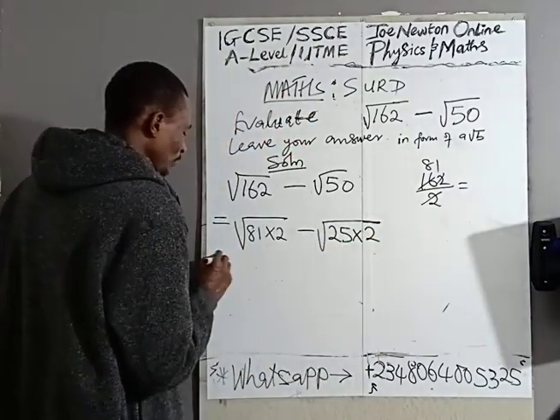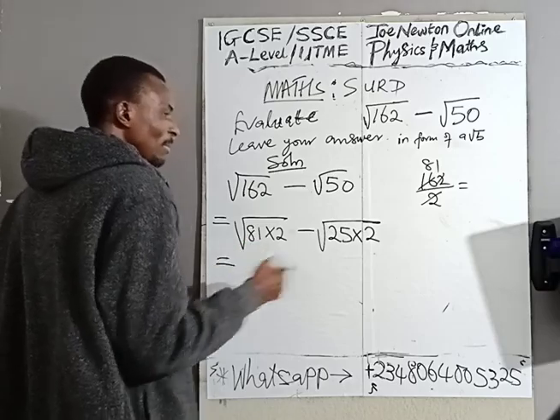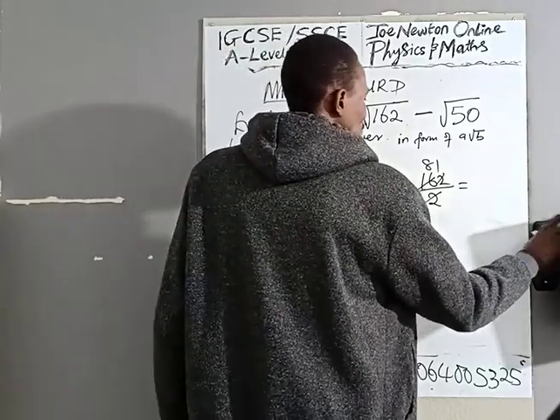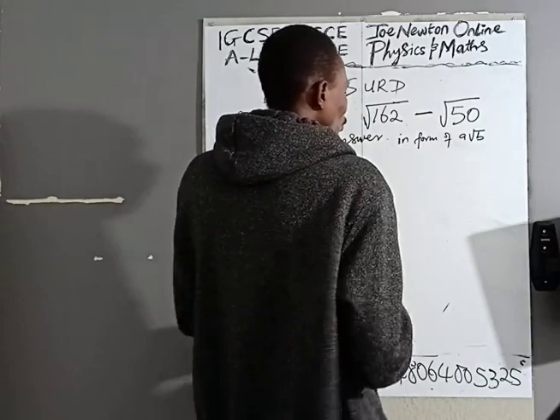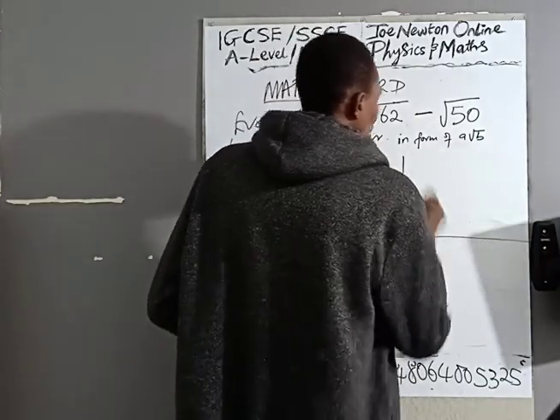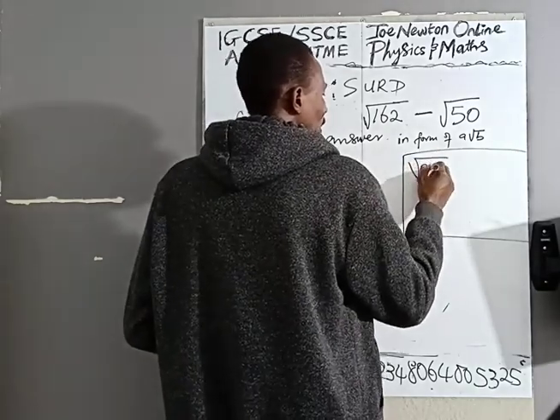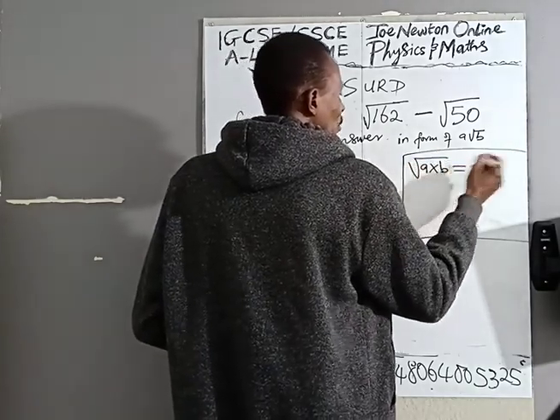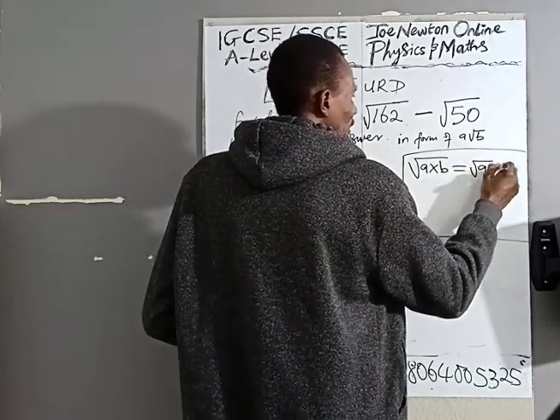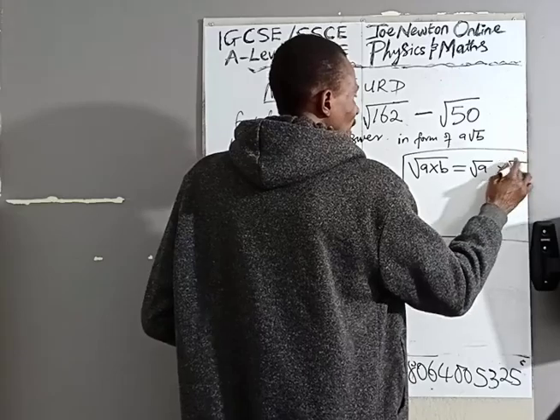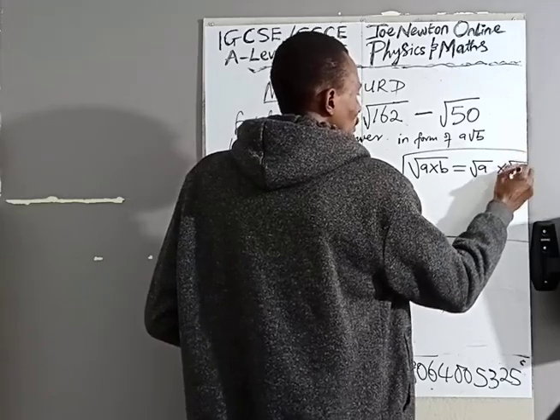Then we continue. Remember, by the rule of surds, if I have surd A times B, it is equivalent to surd A times surd B. You can separate them.